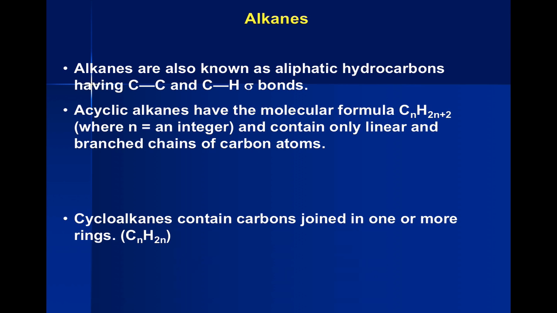Now, we can have things that look like that, right? C7H16. That is what we would call an acyclic alkane, okay? It's also known as a linear alkane, but is it really linear? Why do we call it a linear alkane or a straight chain alkane?